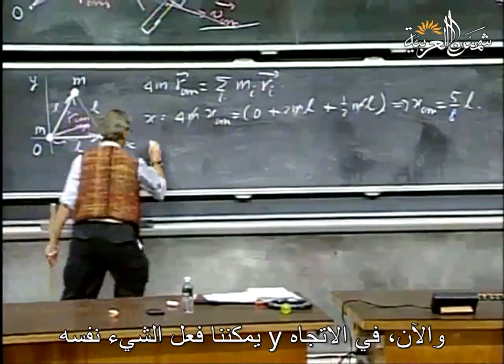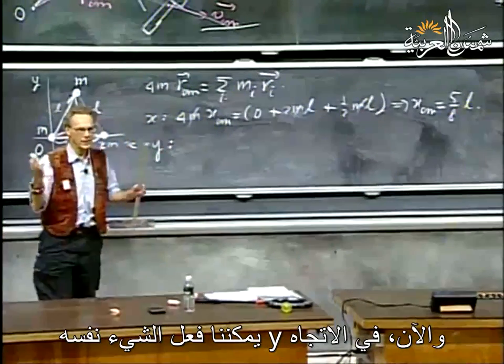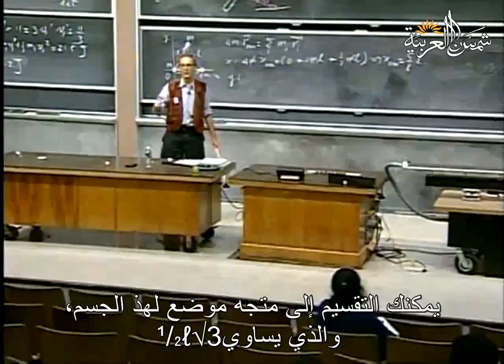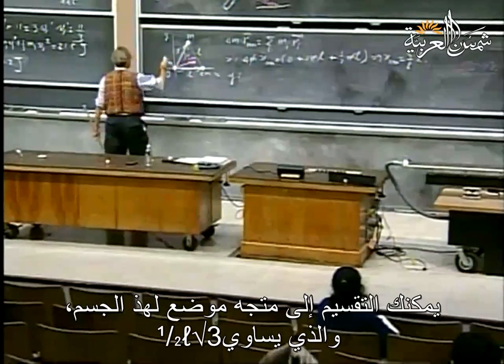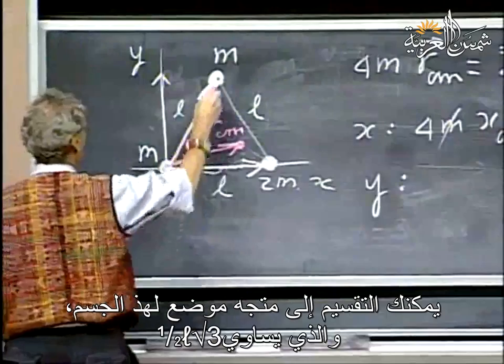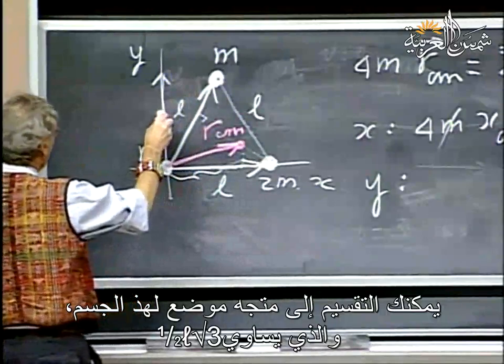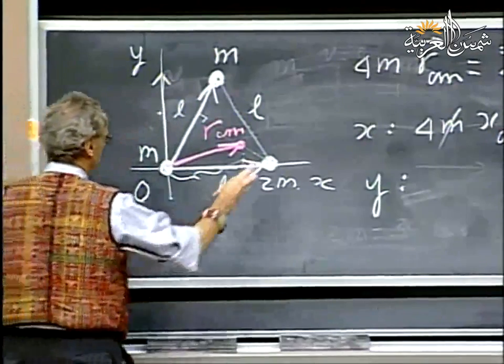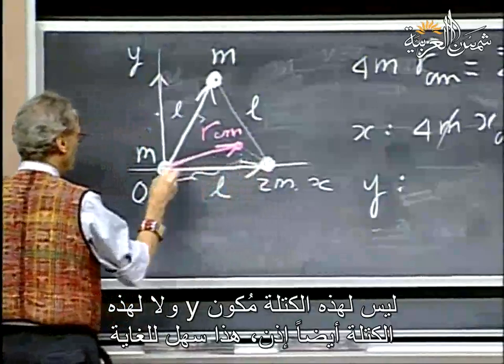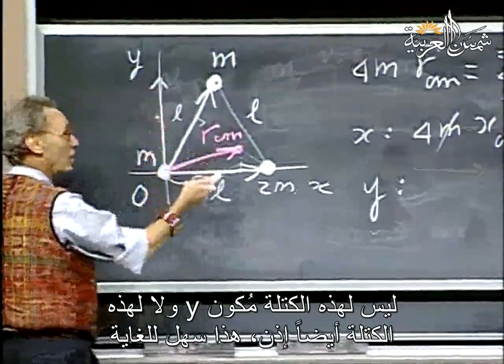Now in the y direction, you can do exactly the same. You can split it up into the position vector of this object, which is 1/2 L square root 3. This one has no y component, and this one has no y component. So this is very easy.